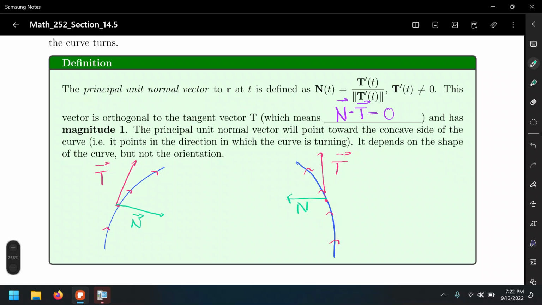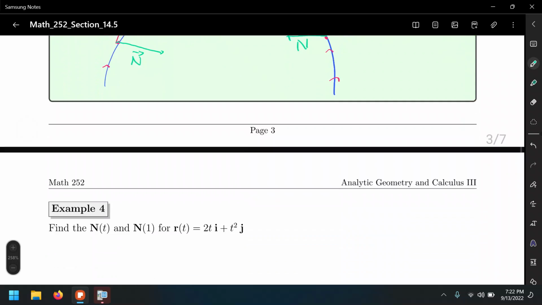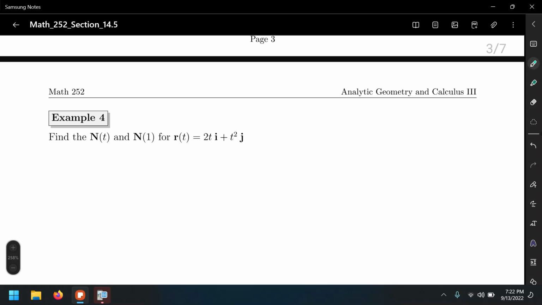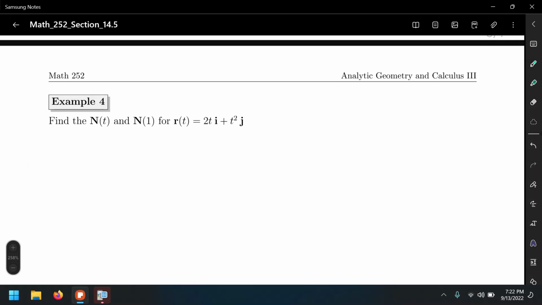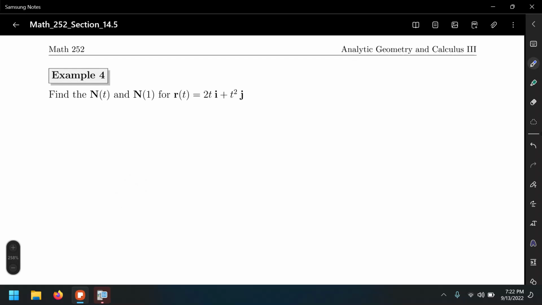Here is where a lot of algebra is coming up. Check the exercise. It's only 2t plus t squared. What could look hard about it? So number one, let's find the normal vector. Finding the normal vector involves finding the tangential, which involves finding the magnitude of the derivative of the vector.